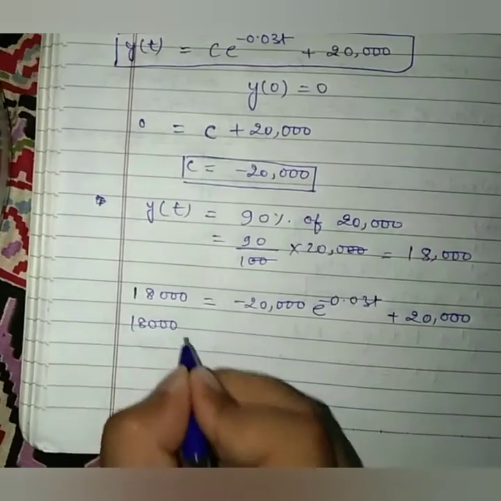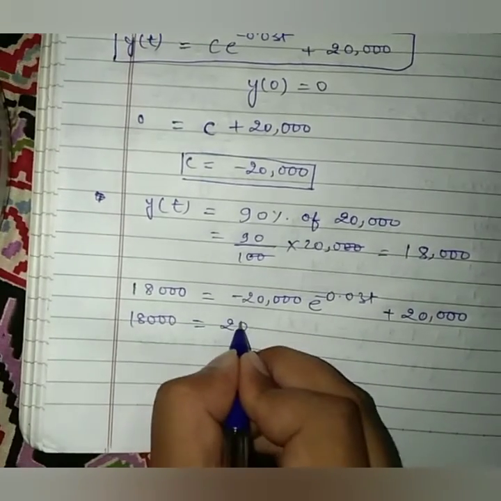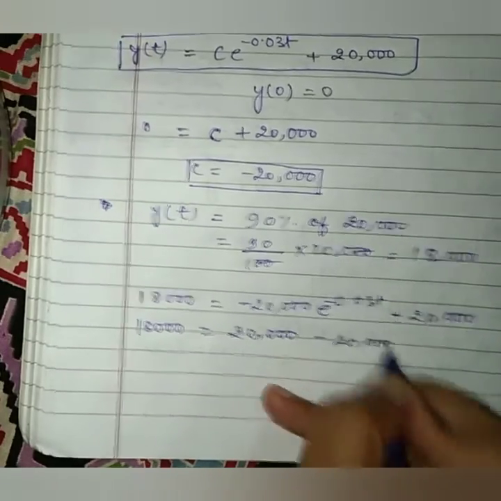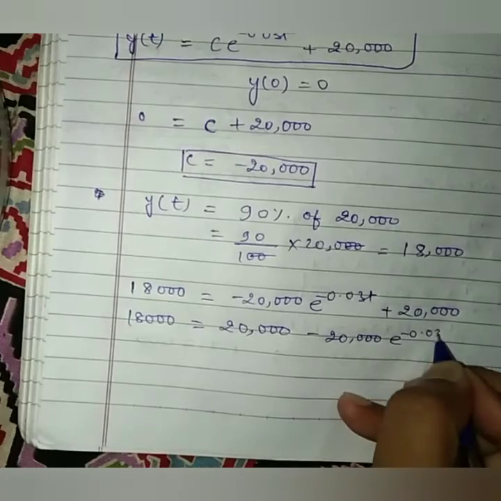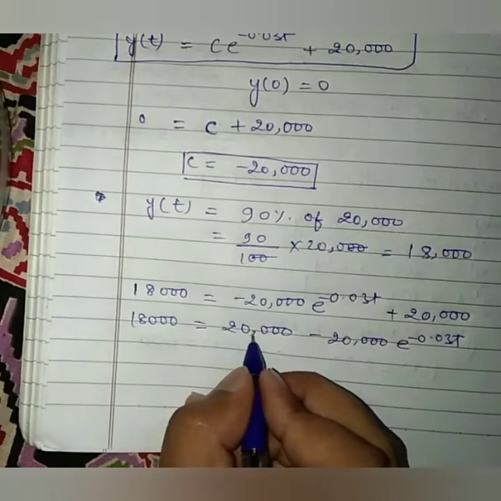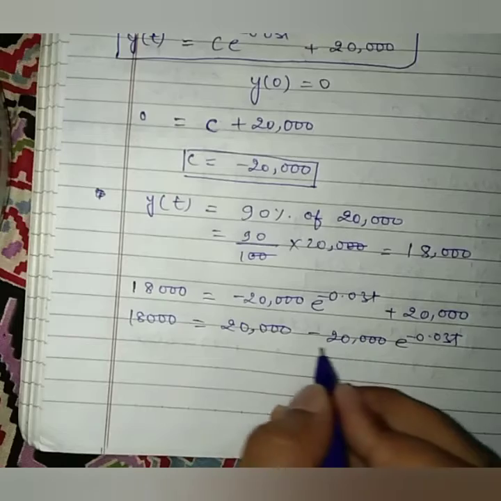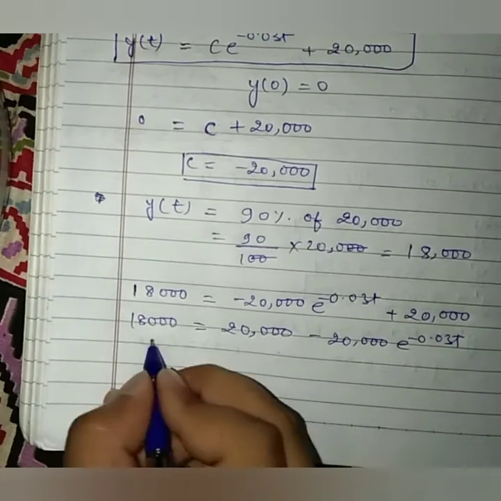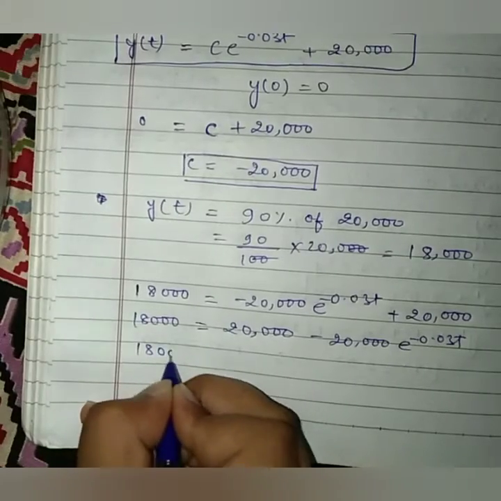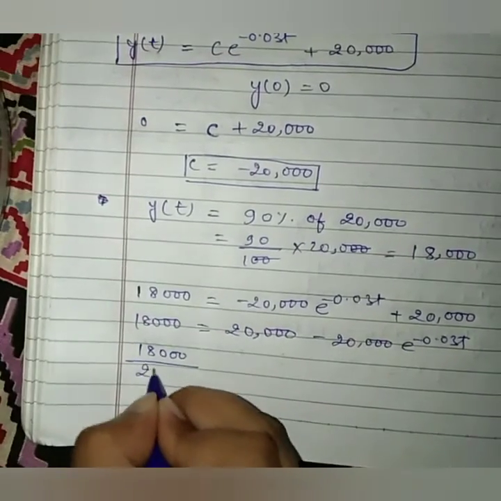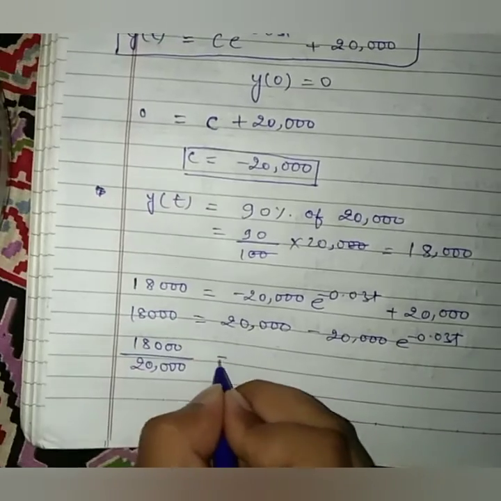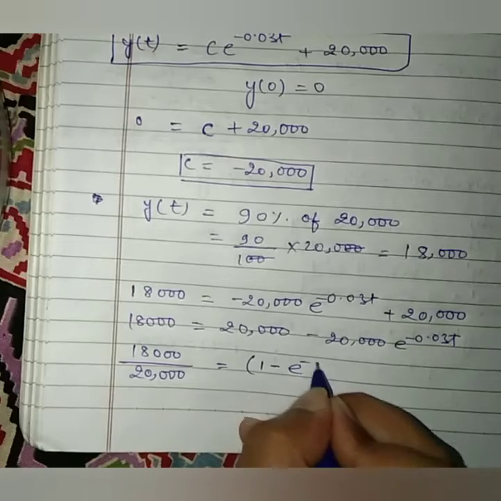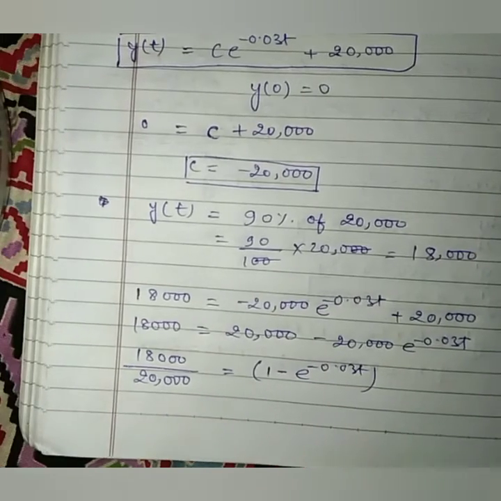So 18,000 equals 20,000 minus 20,000 e power minus 0.03 t. When we take 20,000 common and divide, we get 18,000 upon 20,000 equals 1 minus e power minus 0.03 t on the right-hand side.